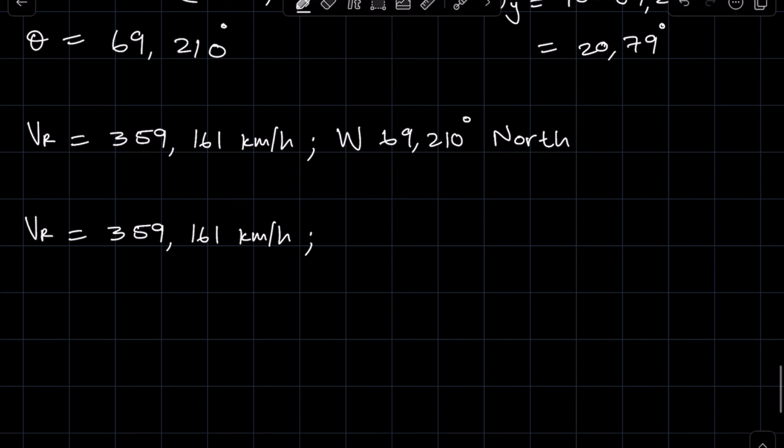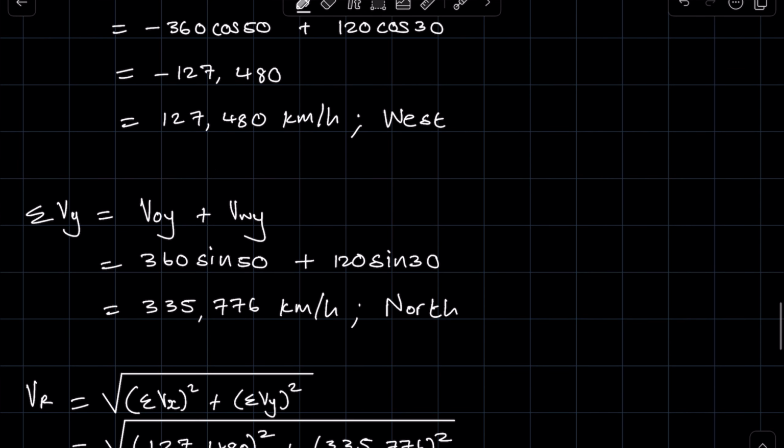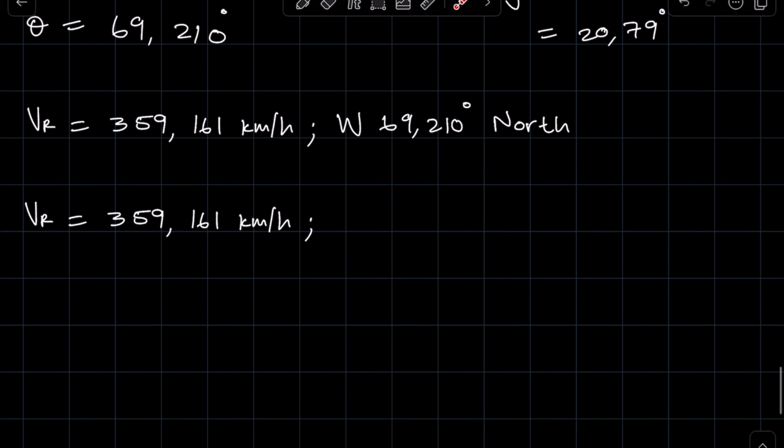So if our angle was referenced from the y-axis, the y-axis between these two is north, so that would mean this is going north. The angle referenced from the y-axis is 20.79 degrees, headed west. So both answers are acceptable. You would have either this or that.